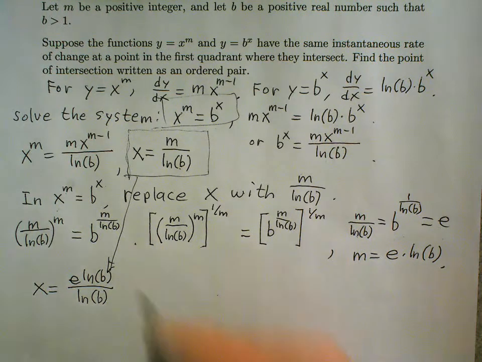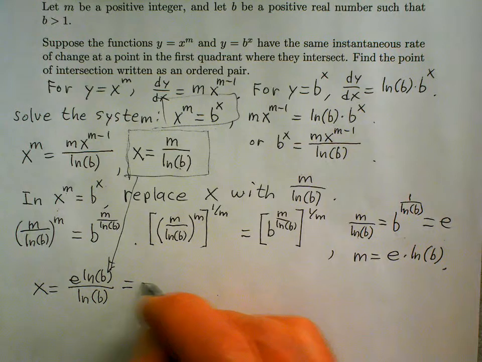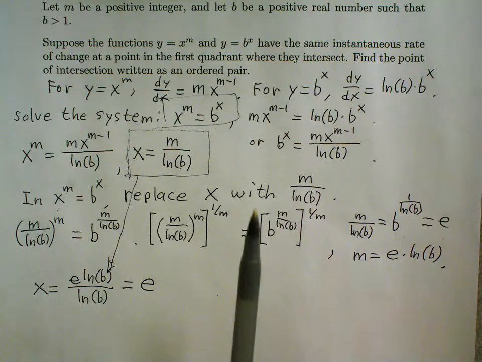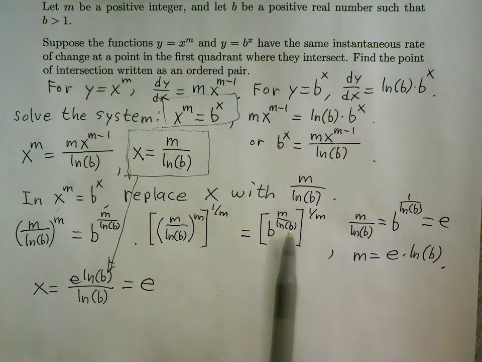But this just simplifies to the number e. So what we have found is that the x-coordinate of that point of intersection, where the instantaneous rates of change are equal, is the number e.